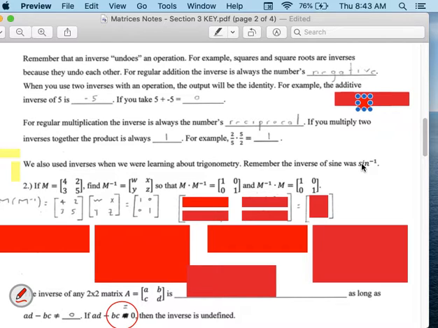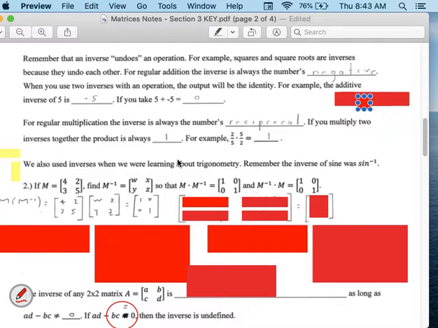So in matrices, we need inverses. I'm going to talk to you about why in just a moment. But let's just look at this real quick. We're not going to actually work this out.